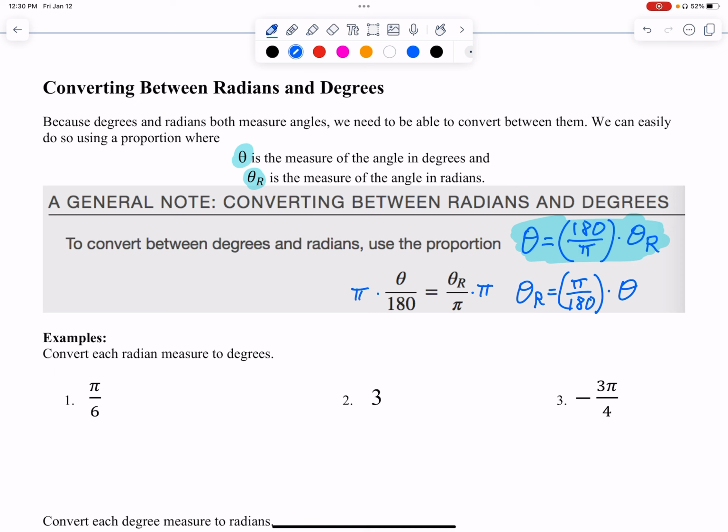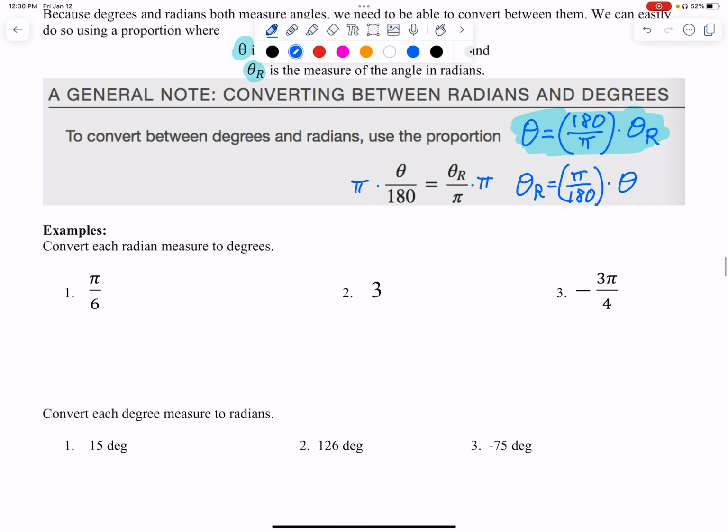So let's do number one here. We're going to convert radian measure to degrees. Okay, so I have pi over 6, and I like to write radians here so you can see why I prefer this method rather than memorizing what's above on the screen. I know I'm going to multiply by some fraction of 180 and pi because they are the same thing, but I would like to end up with degrees. So I'm going to put radians on the bottom and degrees on the top.